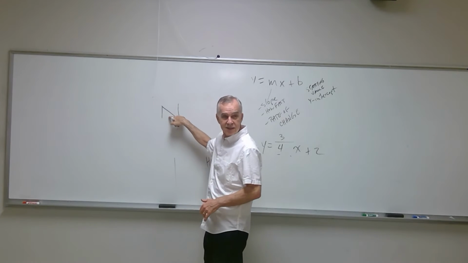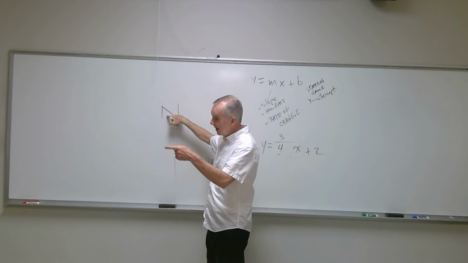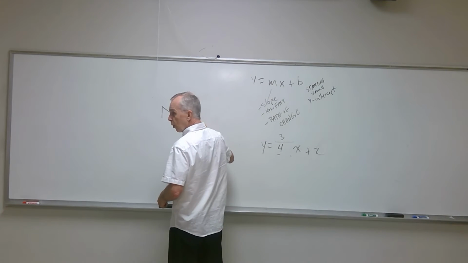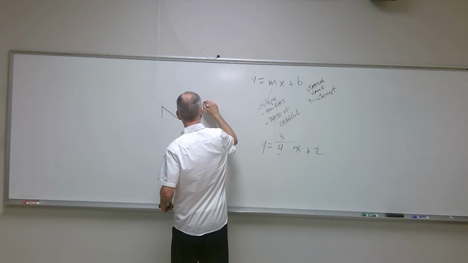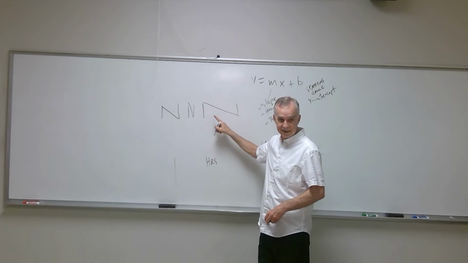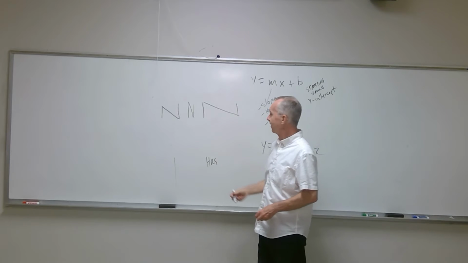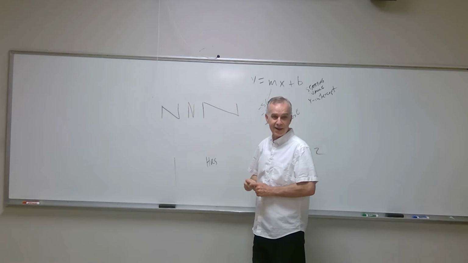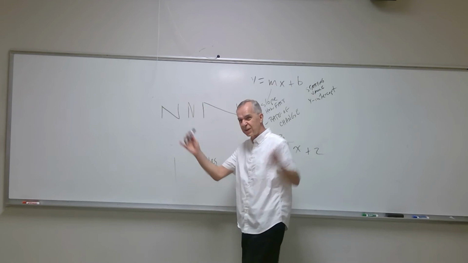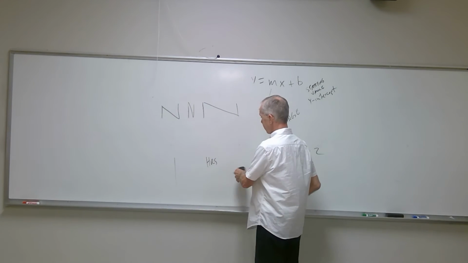If the line leans this way, it's negative, and it doesn't matter whether it's a steep line or a shallow line. If it leans that way, it's negative. I earned my money for this one. So no more wondering which is which. It's all negative.